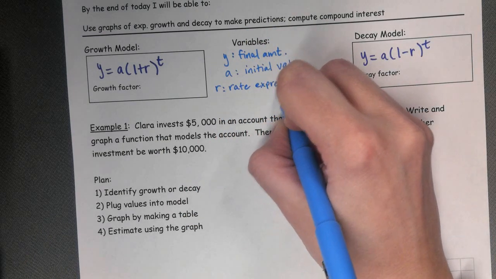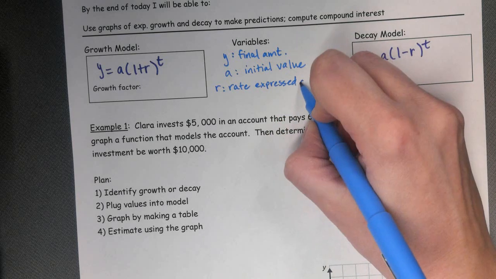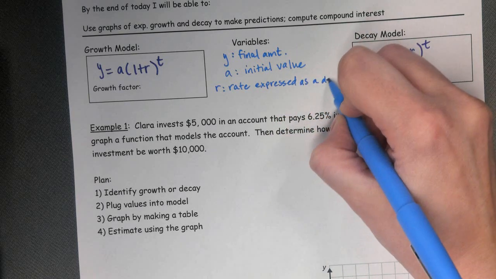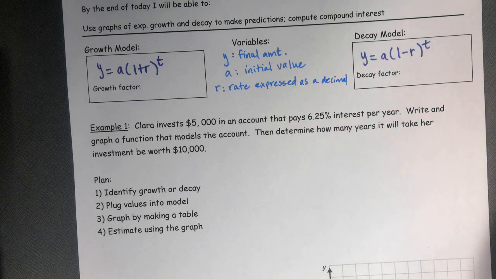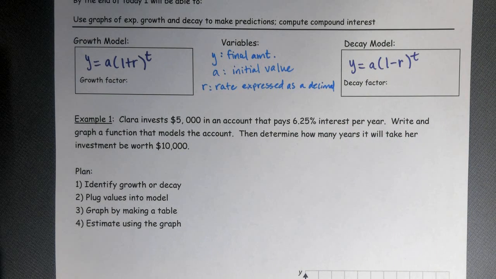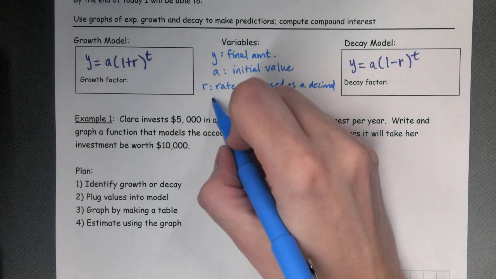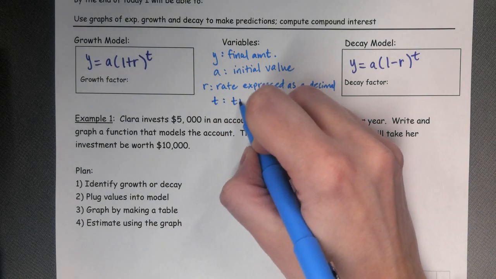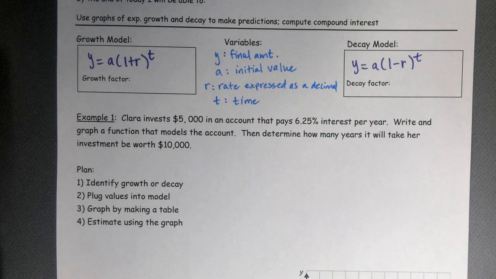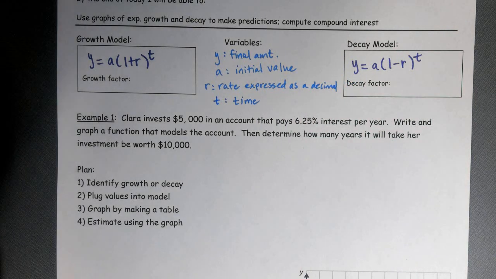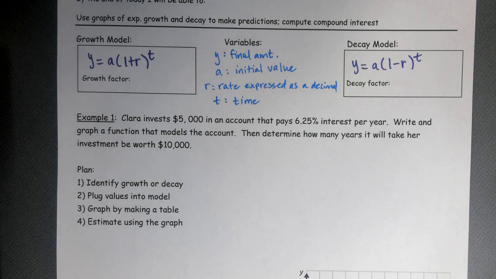expressed as a decimal. So the rate is normally given as a percentage, but every percent you can rewrite as a decimal. And then t is going to be the time, often in years. And then we have what is called a growth factor.